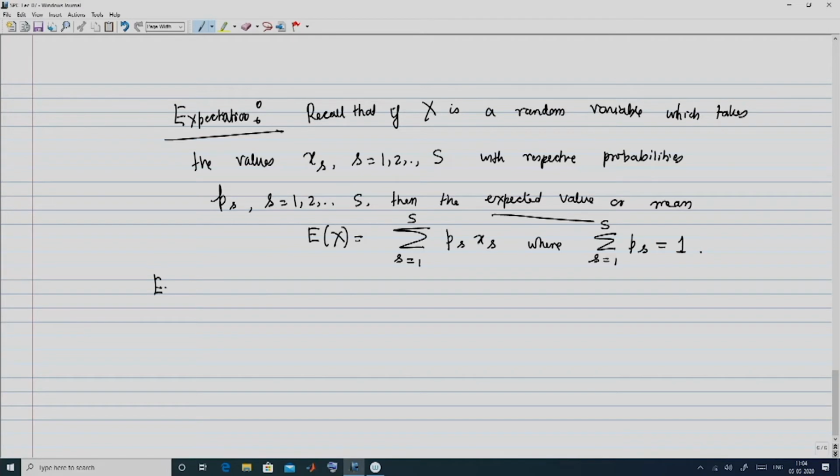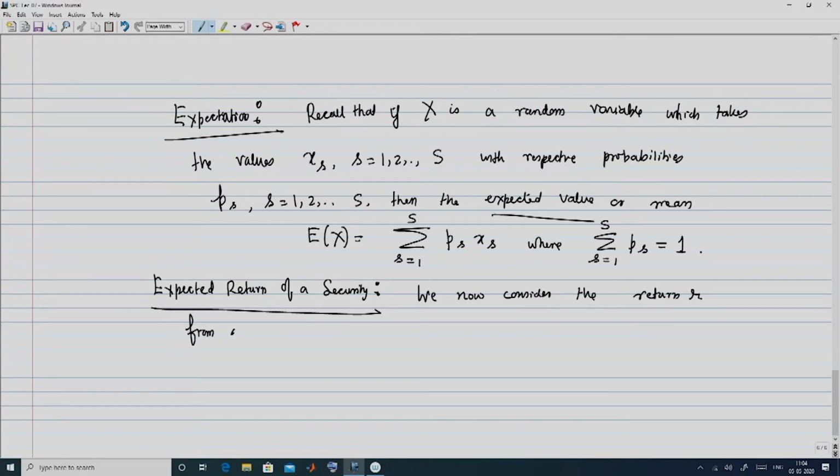So, now let us extend this notion to the expected return of a security, and obviously mostly from the point of view of a risky security. We now consider the return R from a risky security as the random variable.